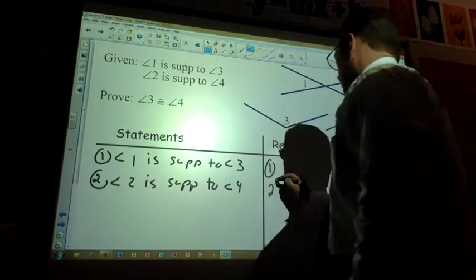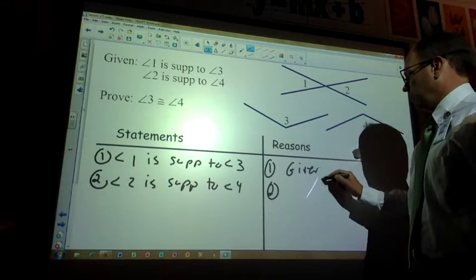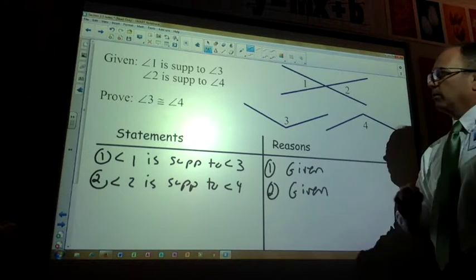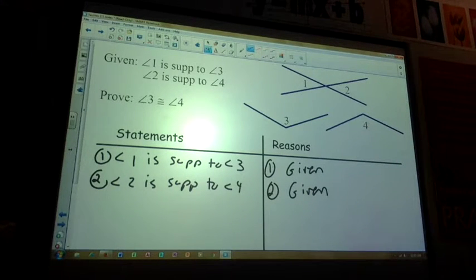Why? Givens? Feel okay? Let's prove angle 3 is congruent to angle 4.